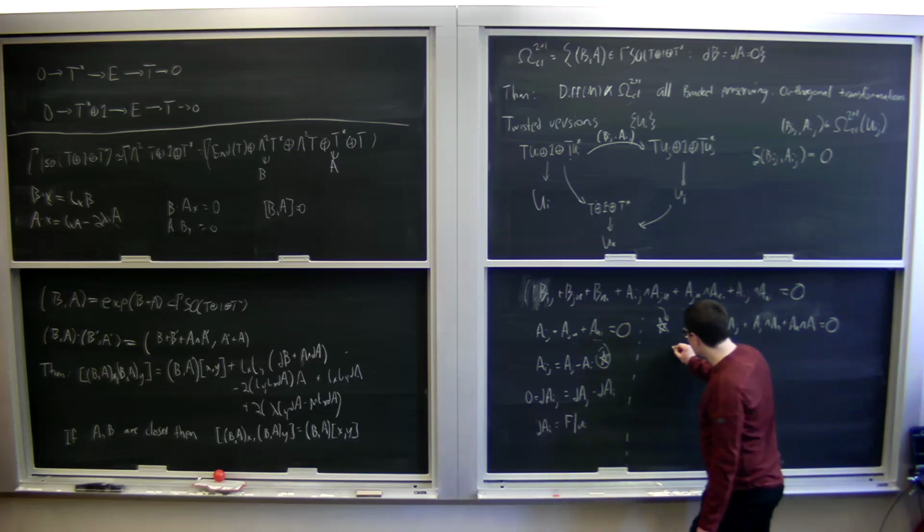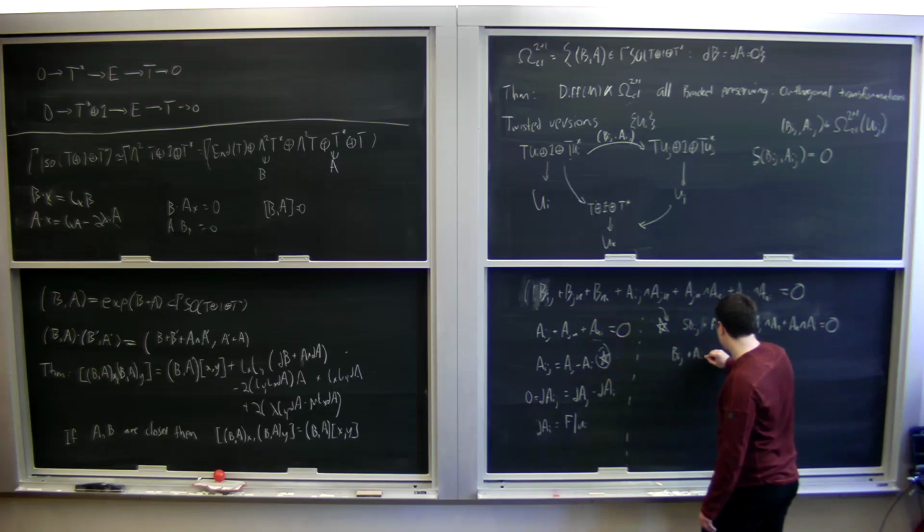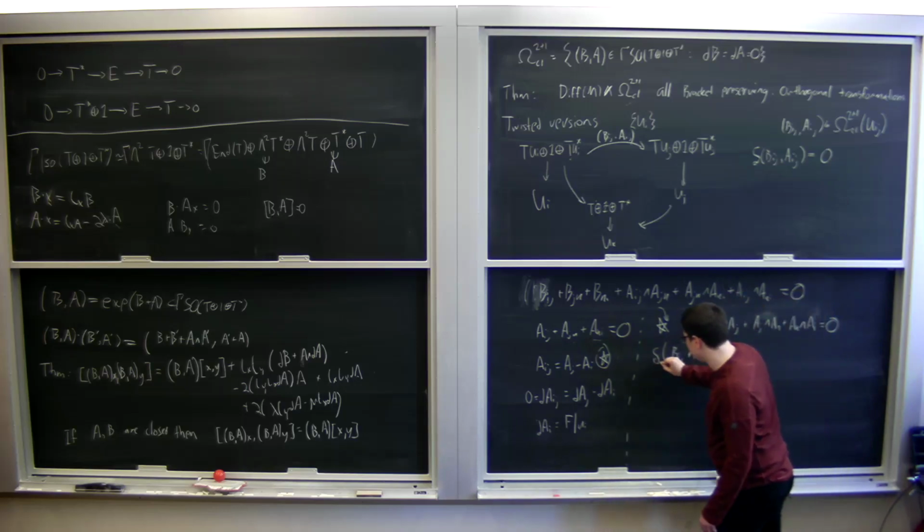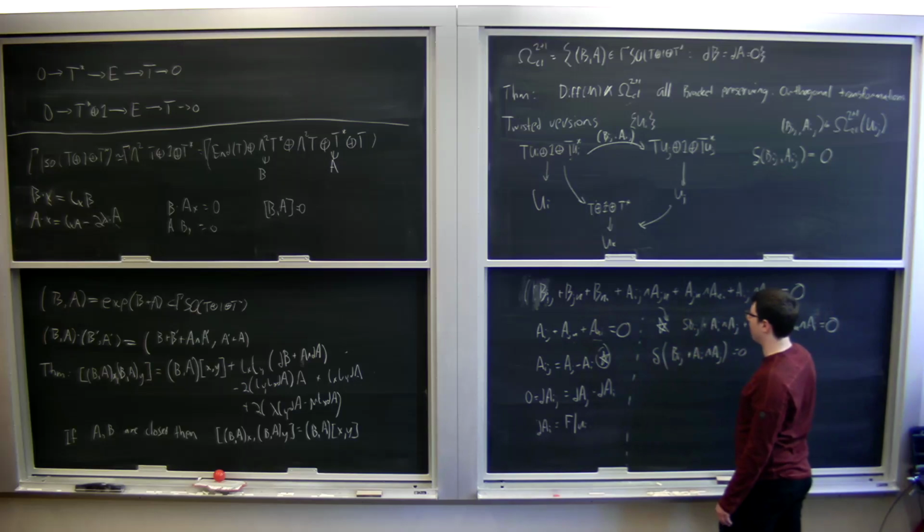Okay, so now we have that B_ij plus A_i wedge A_j obeys a standard cocycle condition now.